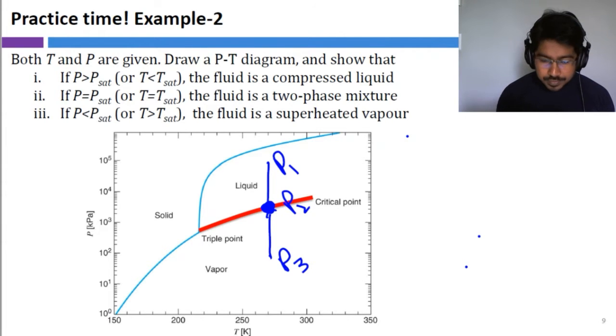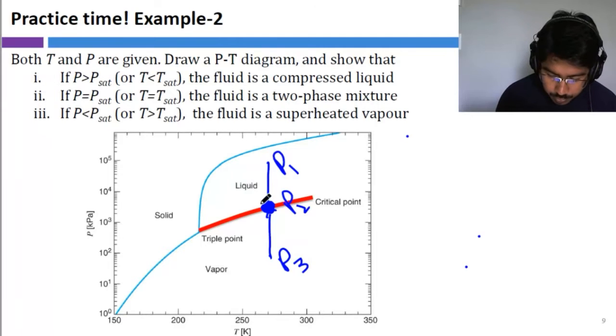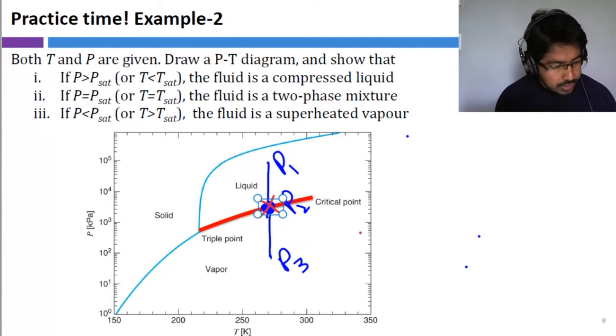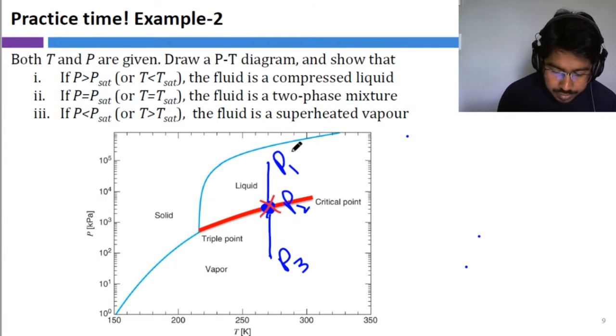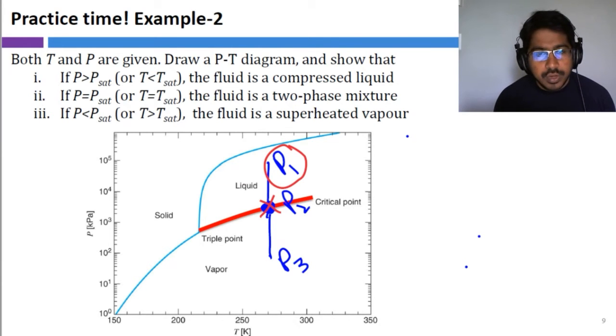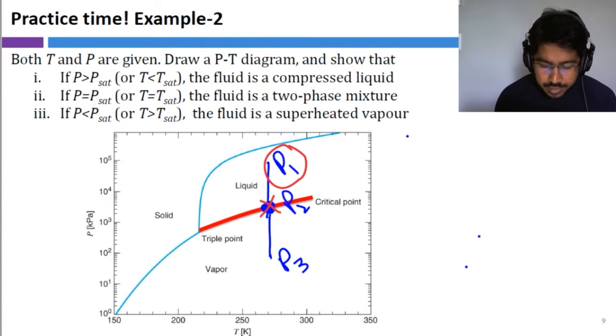So this initial point was picked as the saturation pressure, and if our pressure P1 is higher than the saturation pressure, that means it's in the liquid region. P1 is in the liquid region, the point 1, right? And that means it's a compressed liquid. If the pressure is on the saturated liquid vapor line, then it's going to be a saturated liquid, two-phase mixture, right?